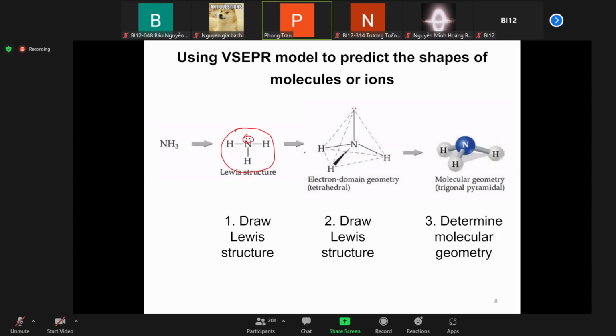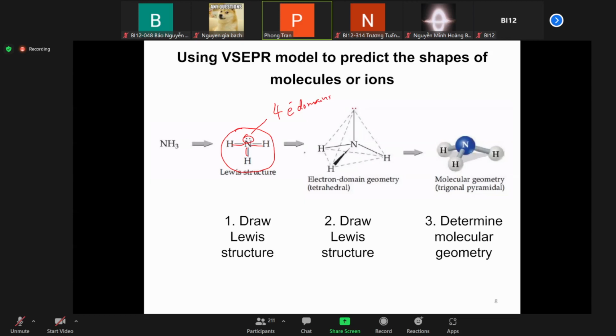Now, after drawing the Lewis structure, we will see the number of electron domains. So you will have one pair of non-bonding electrons. You have 3 sigma bonds. So in total, you have 4 electron domains. Okay.